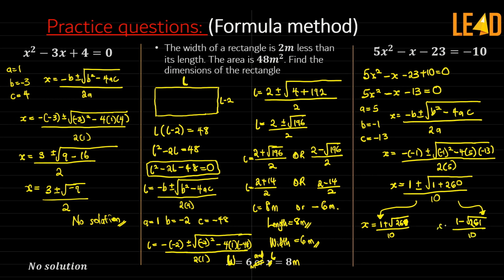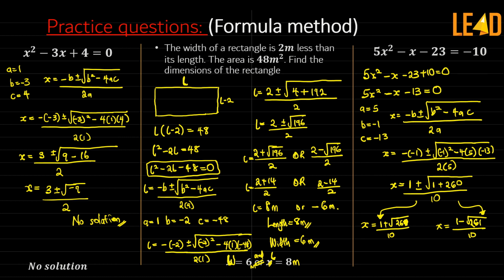So these are the two values for x. Let me get them out as decimals, just in case that's the answer we were given. That would be 1 plus the square root of 261, all of that, then we divide by 10.